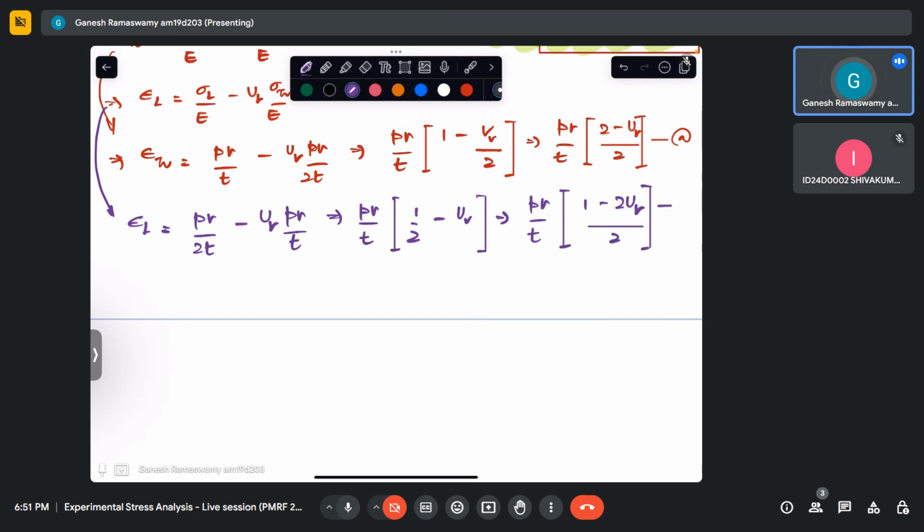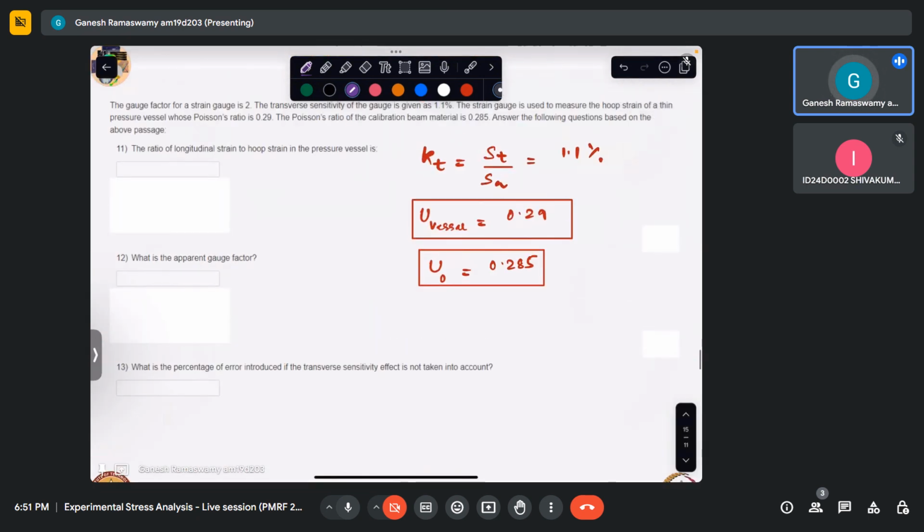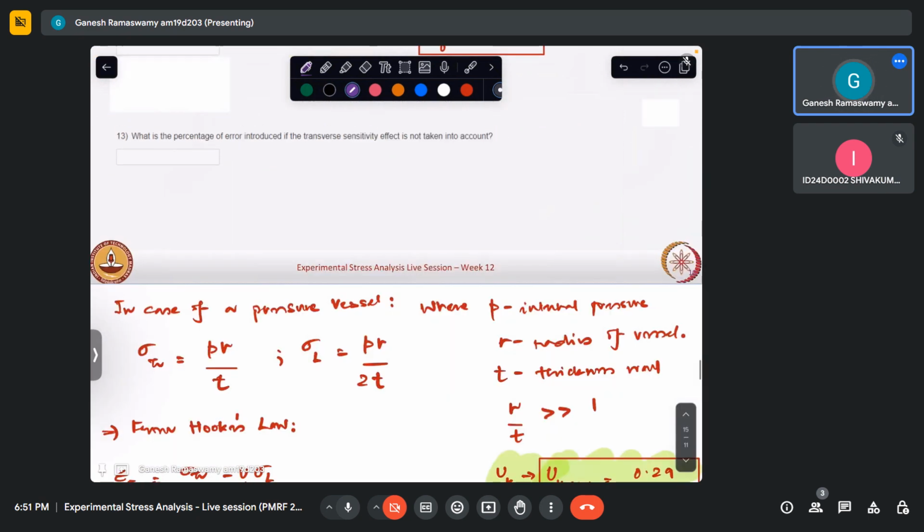This is equation B. The question is asking for the ratio of the longitudinal strain to the hoop strain in the pressure vessel.